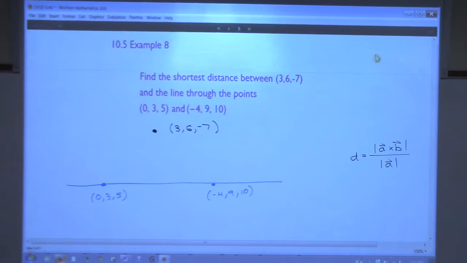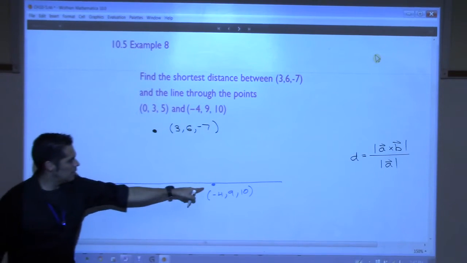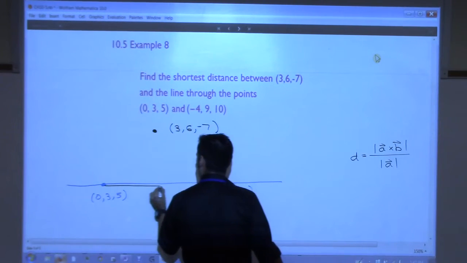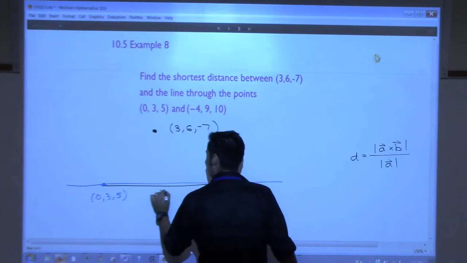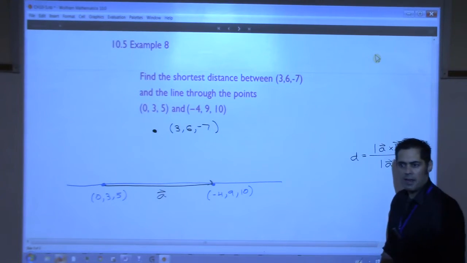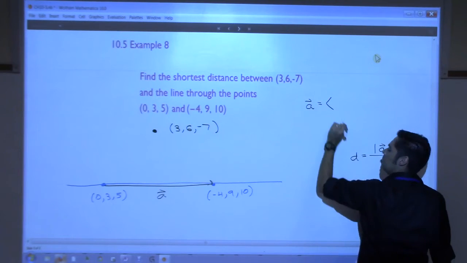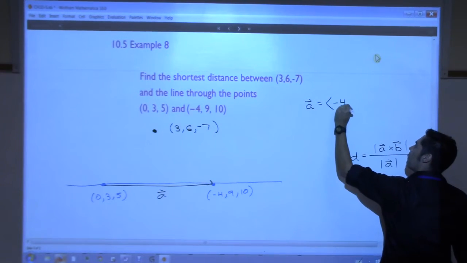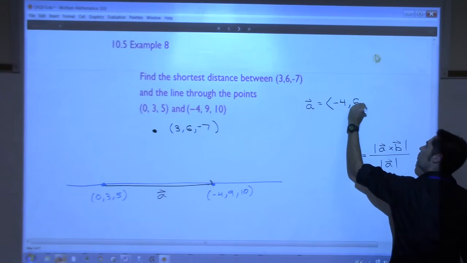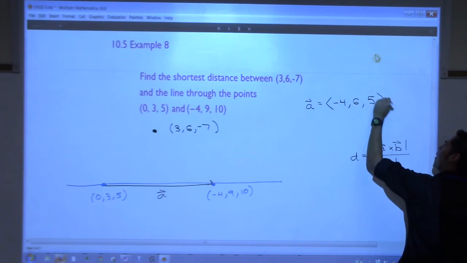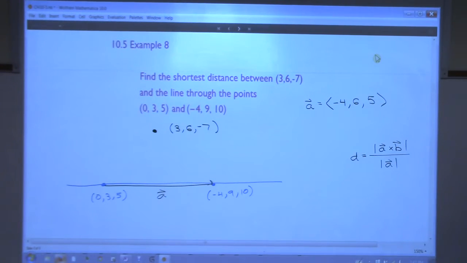From 0, 3, 5 to... Okay, so if I create a vector that goes from here to here, that's how I define A. So go ahead and let me know, what is A? A is negative 4, 6, 5. All right, good.